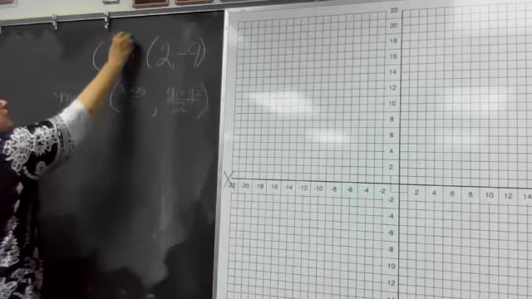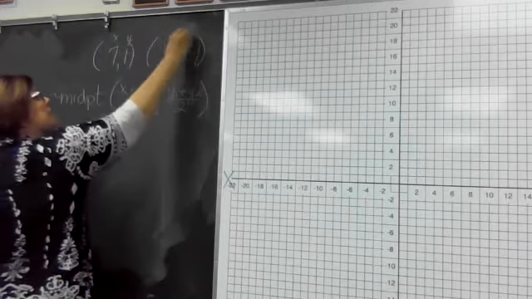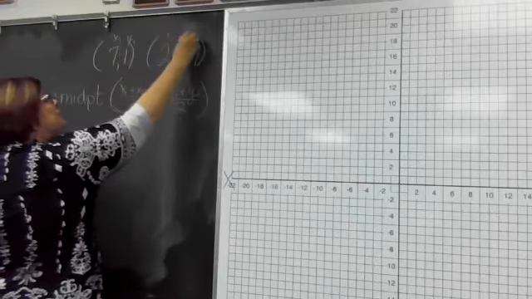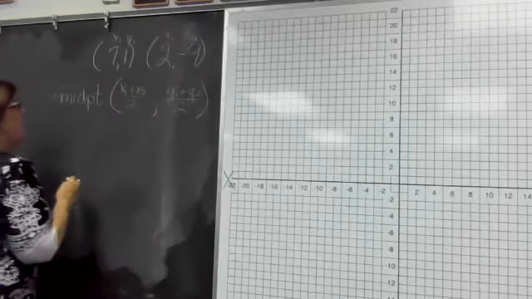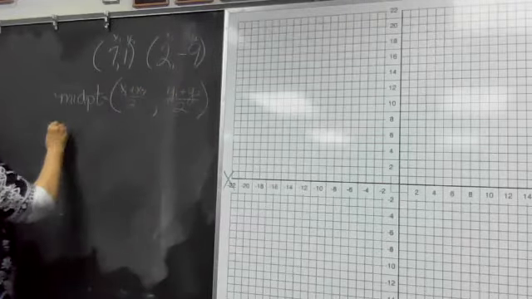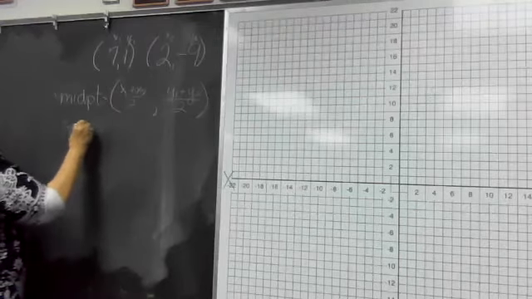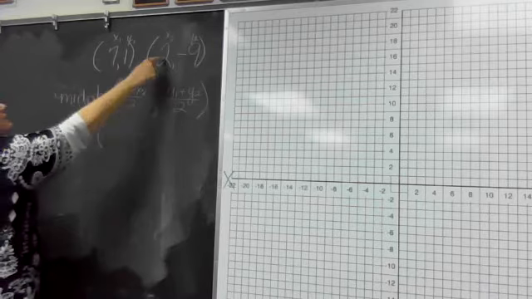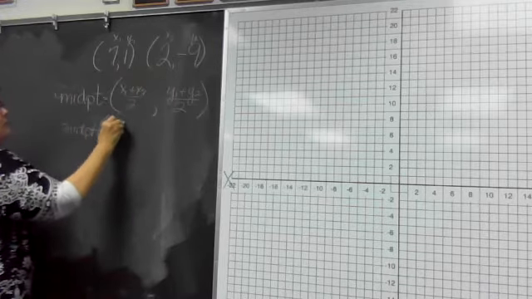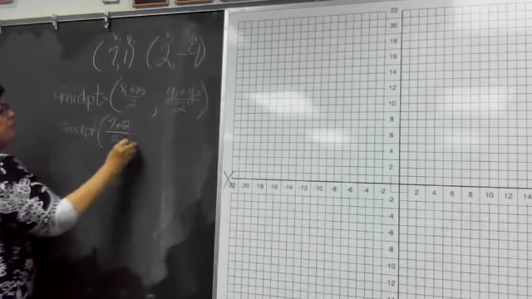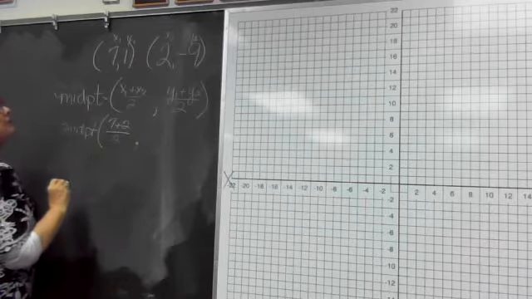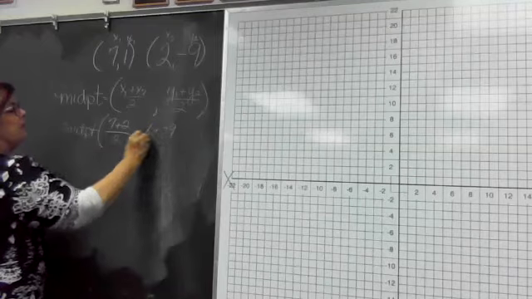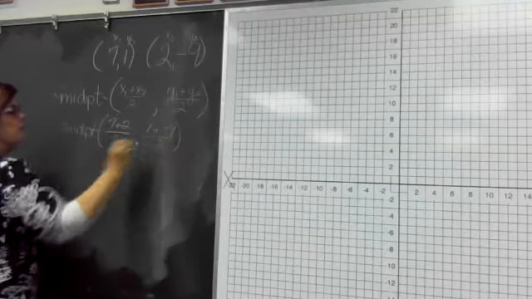We know these are xy, always will be, xy, and I'm going to number them so I can keep them separate. So my midpoint is going to be x1 plus x2, 7 plus 2 over 2, comma, then I'm going to add the y's, 1 plus a -9 over 2.